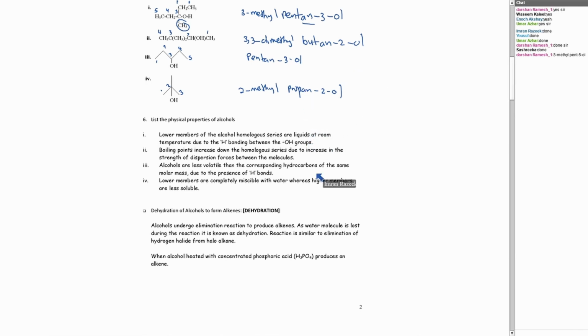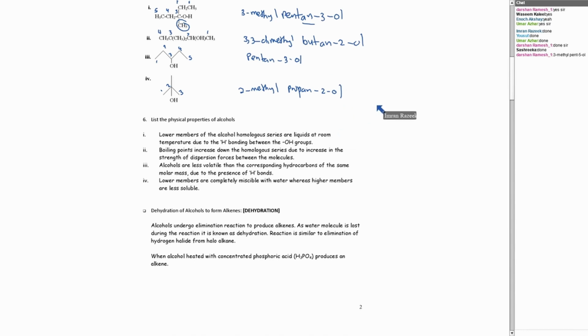But as you go down the homologous series, what increases is not the permanent dipole attraction. What increases in strength is the induced dipole attractions, because the number of electrons increases down the homologous series.